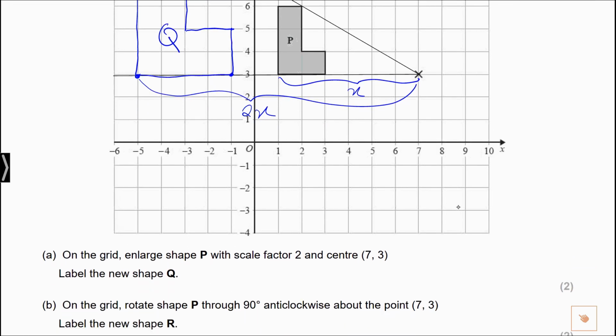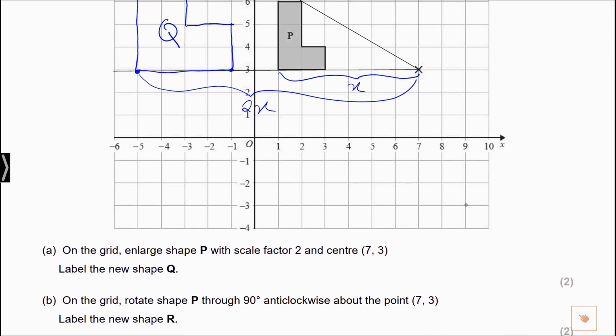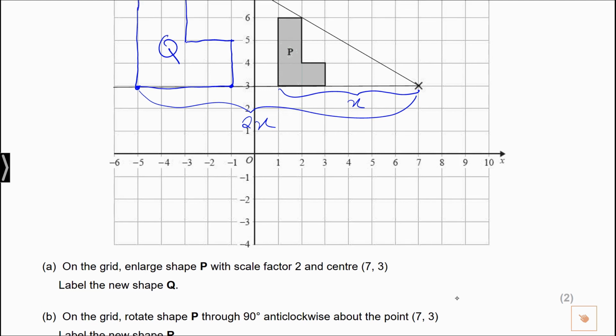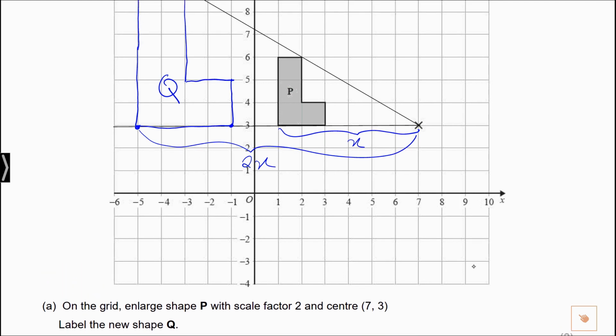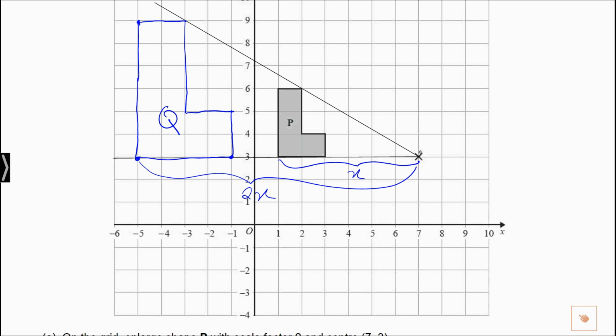And that's it. So again, on the grid, rotate shape P through 90 degrees anti-clockwise about 7, 3. So now here you just have to use your tracing paper. I don't have my tracing paper, or I can't do it on my tablet. So what you may have to do is basically get a tracing paper, put your tracing paper here, and then rotate this 90 degrees anti-clockwise.